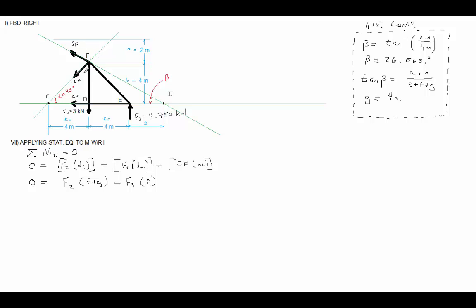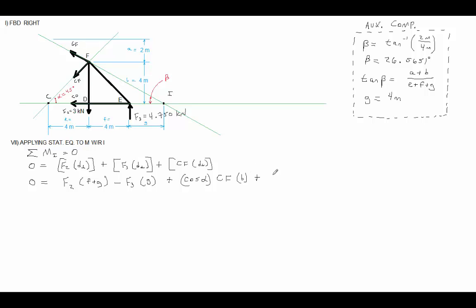Since CF is acting at an angle, I'm going to break it into its x and y components. CF's x component would be right here acting at point F, and it would be producing positive rotation. The value of CFX is cosine alpha times CF, and its perpendicular distance for the x component is B. CF's y component would be right here, and it would be causing this type of rotation, which is also positive.